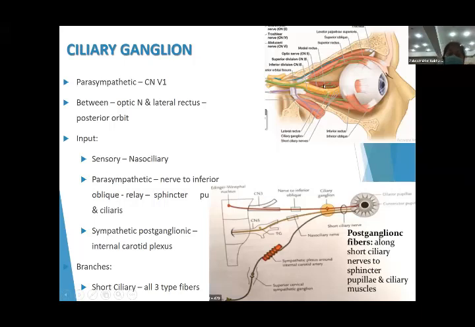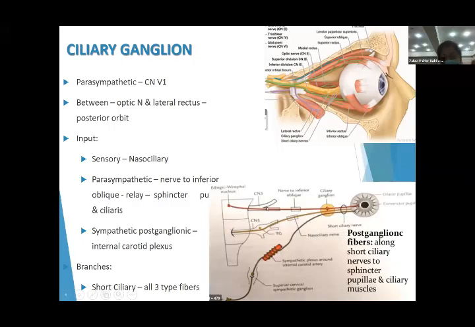Now I told you that these parasympathetic ganglia have a sympathetic root, a sensory root, and a parasympathetic root. So sympathetic, parasympathetic, and sensory root.